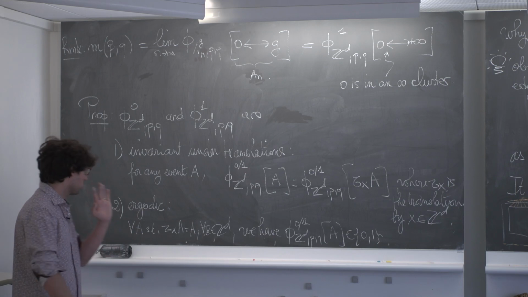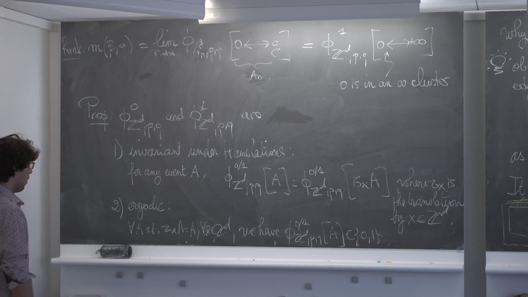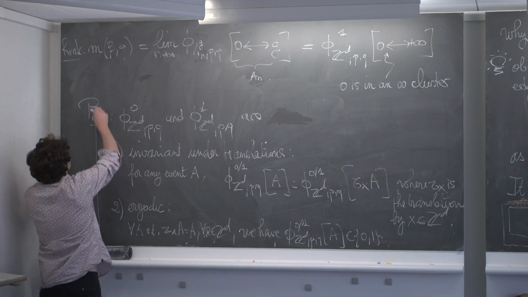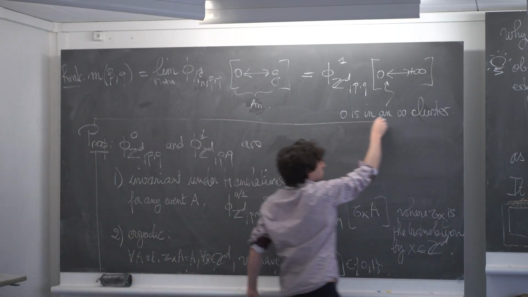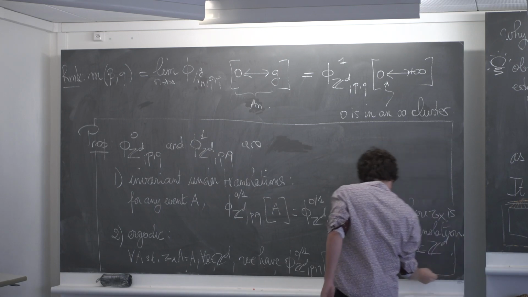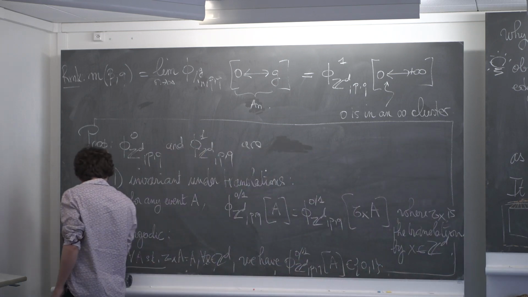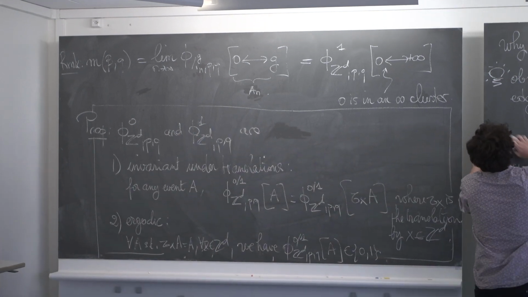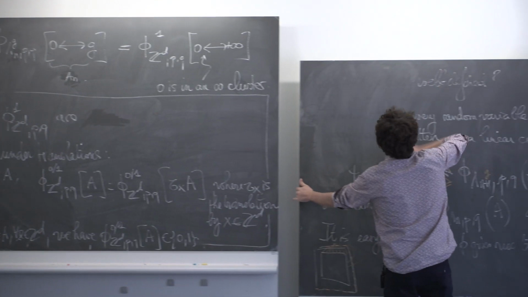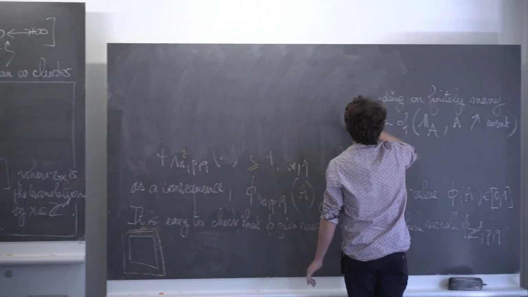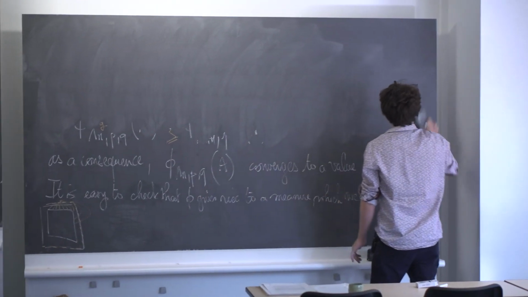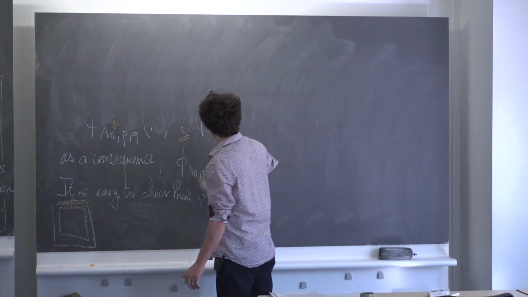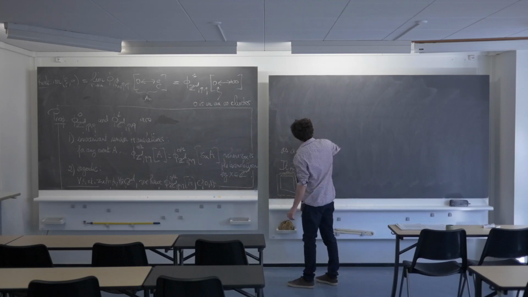Okay, ergodic in the standard sense of measure theory. So this, for instance, has a natural consequence, which is that when there exists an infinite cluster, it exists almost surely.